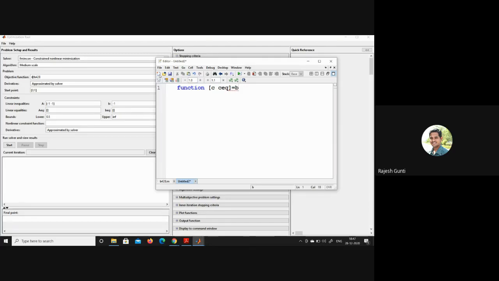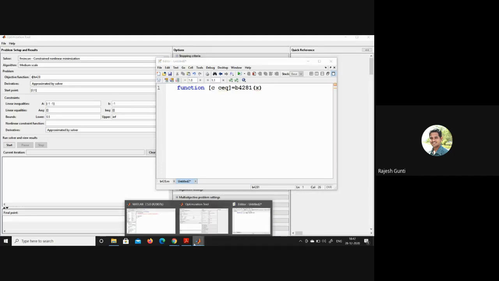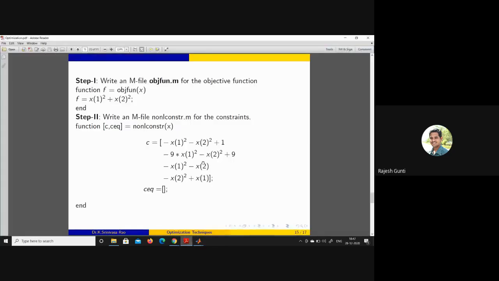I am naming it B4281. What are the inputs here? X. Am I correct? X is a variable, two outputs, C and CEQ. Here I mentioned nonlinear constraints. This is the objective function, I gave it another name.